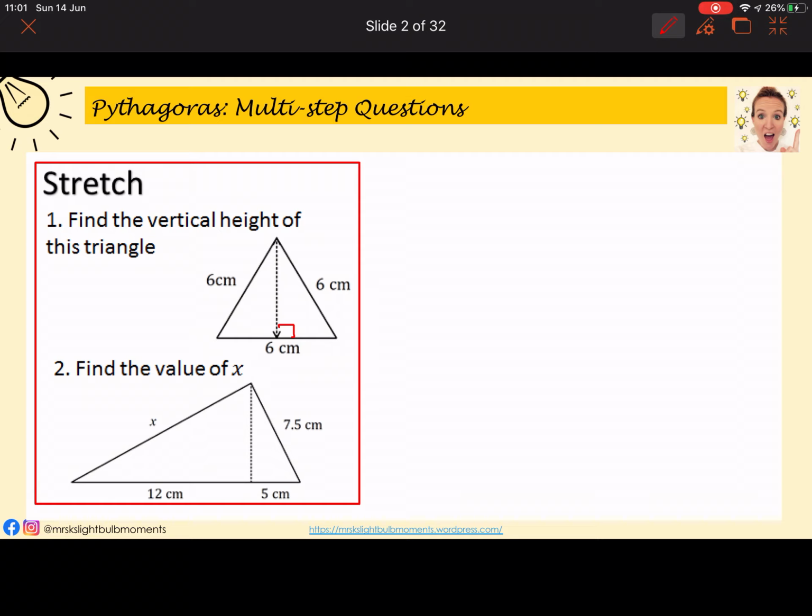We can do that in this question because we know, because it's equilateral, the vertex right at the top there is exactly halfway. So this side is going to be 3 centimetres. So we're actually going to use these 2 lengths of this triangle here to find the height. So just using Pythagoras, we've got a long side and we want to find a short side.